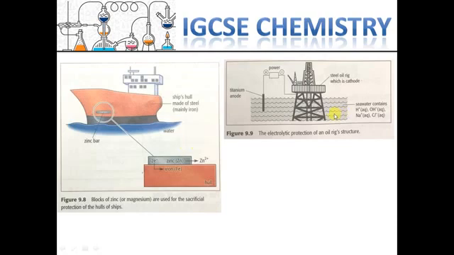The other one is electrolytic protection of oil rig structures. Again, this structure is located in the seawater or ocean water. So they use a power source to constantly protect the metal of the oil rig structure, because the structures are made of metals.